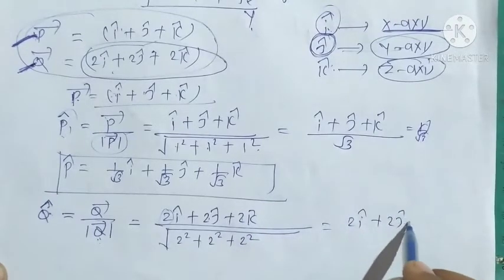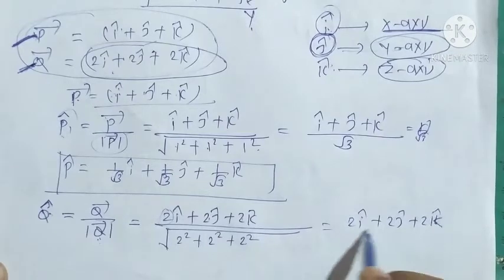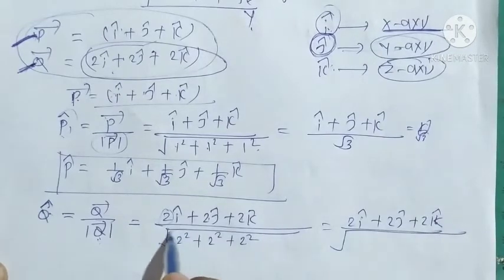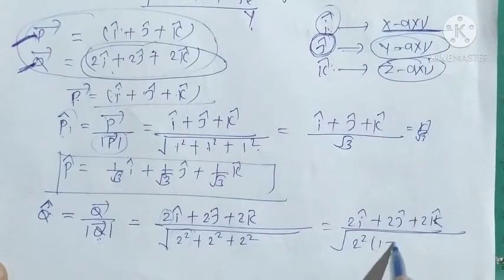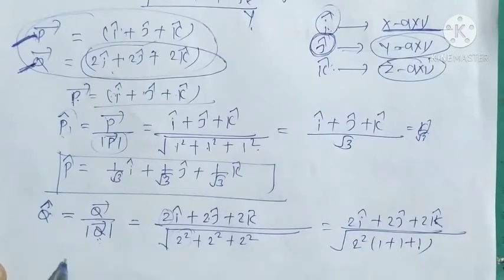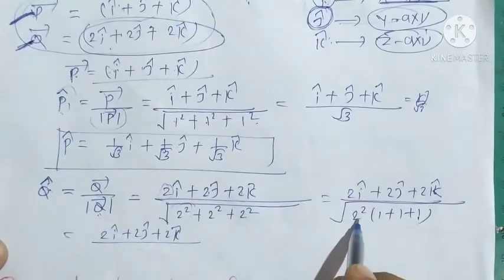We take 2 square common, 1 plus 1 plus 1 left here.